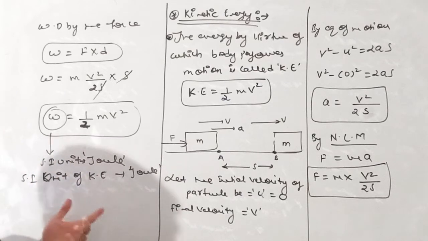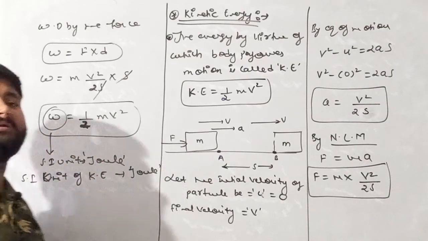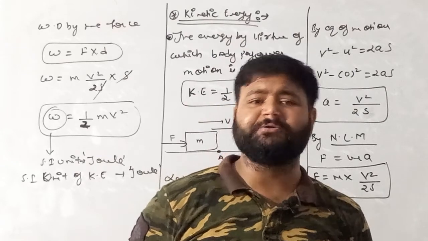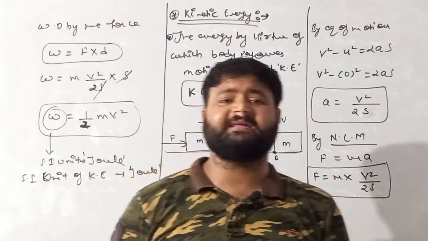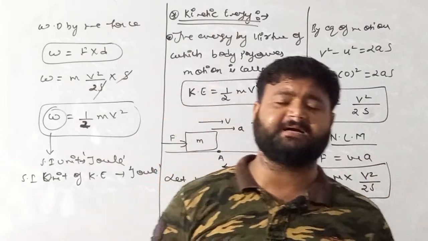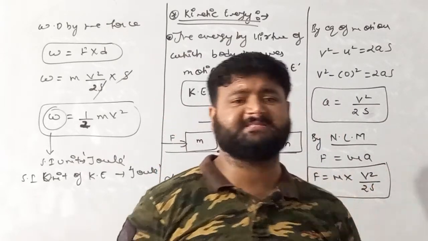So in physics, we are free to replace two quantities if their SI units are the same. So we will replace work done by kinetic energy, because both terms carry the same SI unit. In physics, you are free to replace the terms if two quantities have the same SI unit.